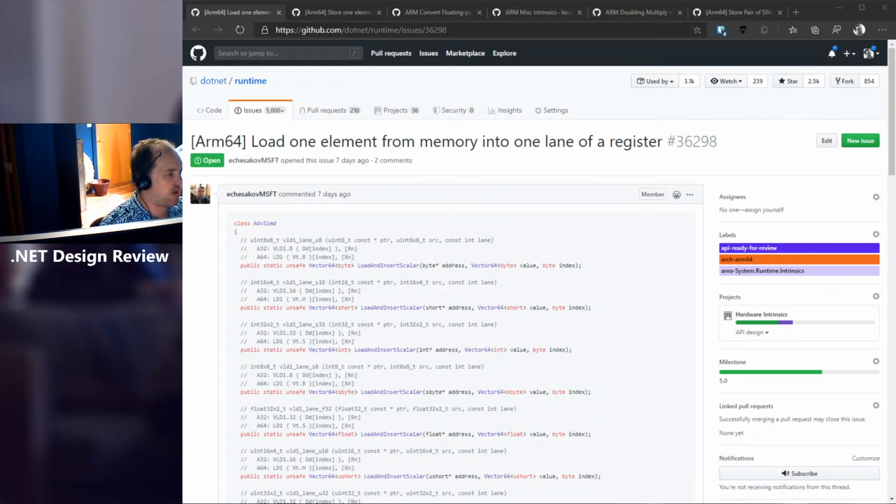The ordering of parameters here matches the C++ intrinsic. I called out at the very bottom, we might want to consider ordering it value, index, address instead, as that matches what the assembly instruction takes, and the order used by the other instructions. What are we doing for other instructions?